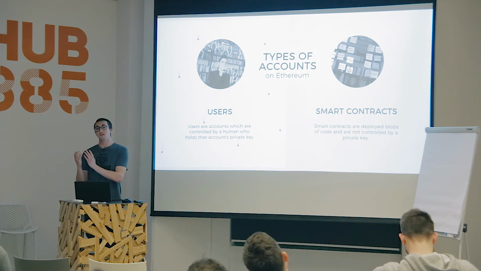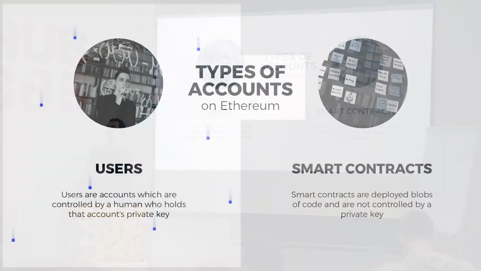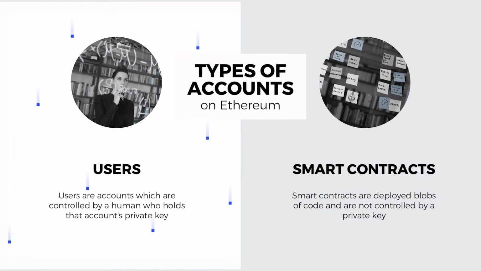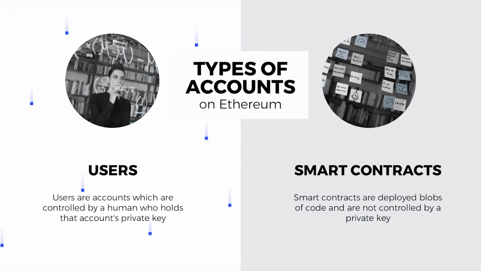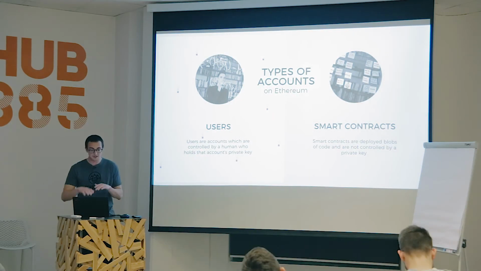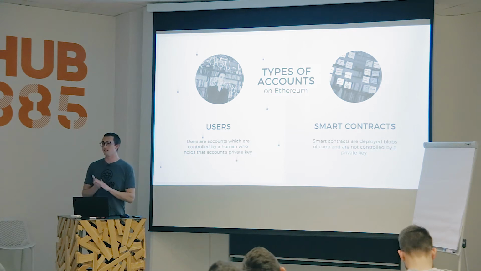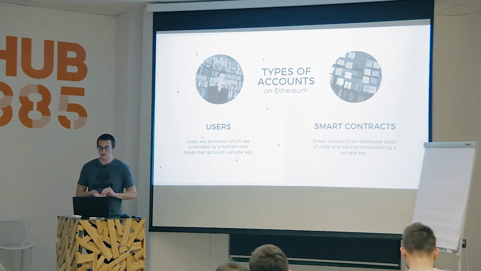Only users who hold a private key to that account are the ones who can execute transactions. And what we want to happen is for smart contracts to be able to just be executed when we want them to without actually having to press that button and execute them ourselves. So this is something that's foundationally you can't do in Ethereum. There's just no way to do this.